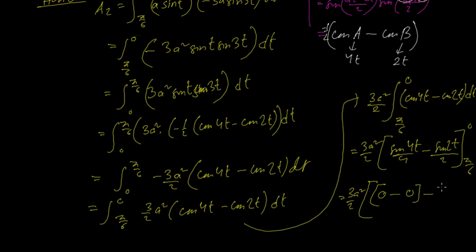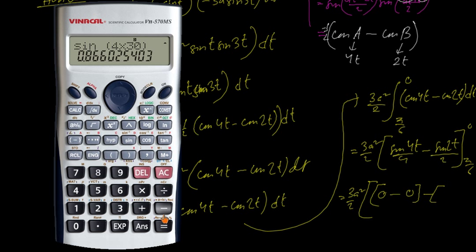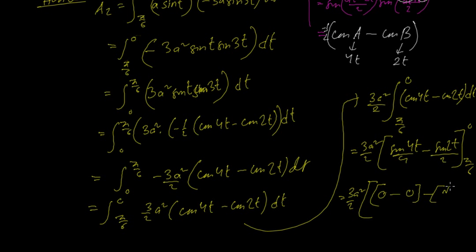So minus, now if I put pi by 6, sine 4 into pi by 6, let me do it in the calculator directly. So pi by 6 is 30 degrees. So sine 4 into 30 degrees is going to be root 3 by 2. So this is root 3 by 2 divided by 4, minus sine 2t means sine 60 degrees.